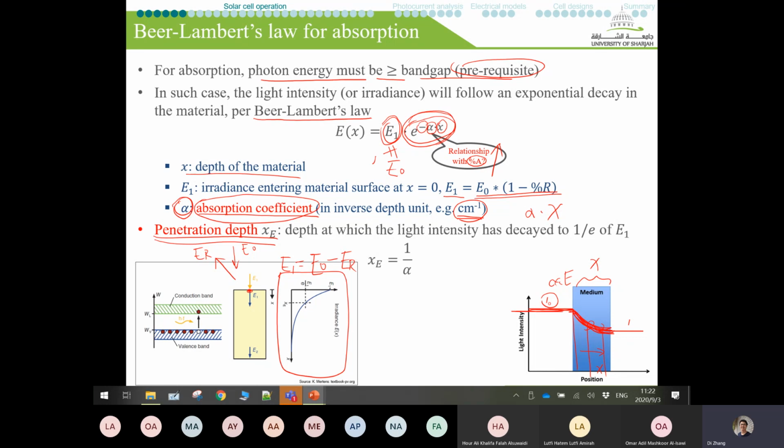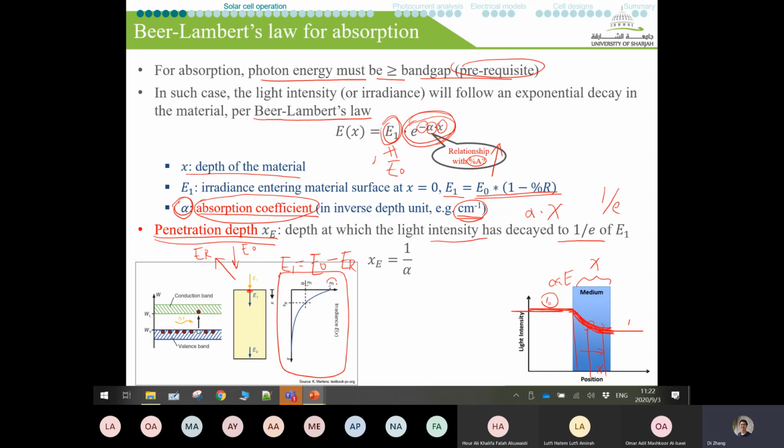Whenever we are dealing with exponential decay, if we want a certain thickness to reflect the capability of the material to absorb, we would like this thickness to correspond to the intensity decaying to exactly 1/E of the original irradiance.